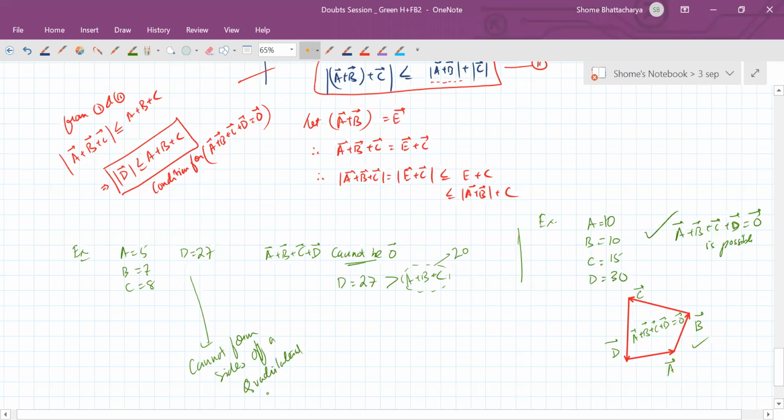Okay. Because D is greater than the sum of this. So therefore, yeah, now you have to just check the options from that.